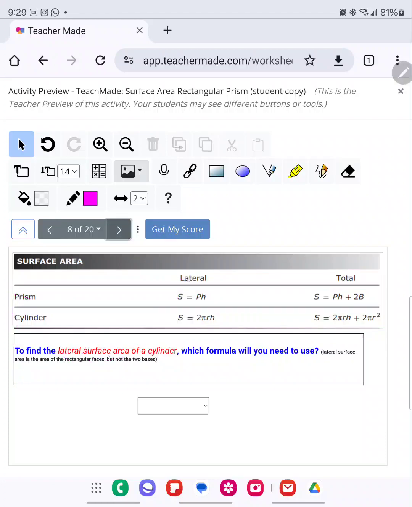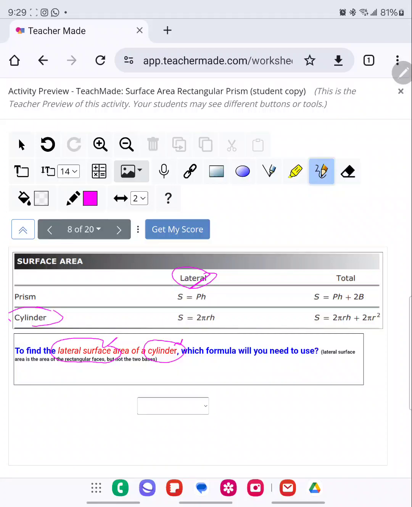All right, so on the next one, go ahead and read it. To find the lateral surface area of a cylinder, which formula will you need to use? Lateral surface area, that's this one. And it says cylinder. That's cylinder.